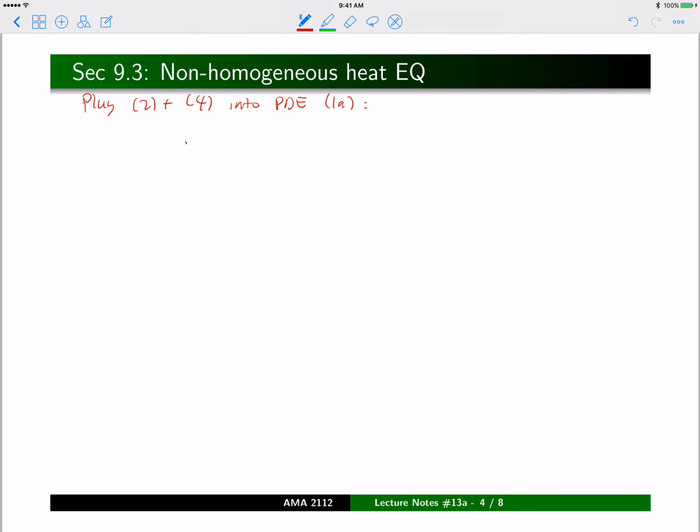So in fact, what we get is the summation from n equals 1 to infinity of Tn dot of t times Xn of x is equal to c squared times the summation from n equals 1 to infinity of Tn of t times Xn double prime of x.